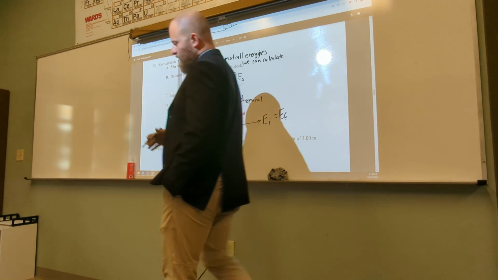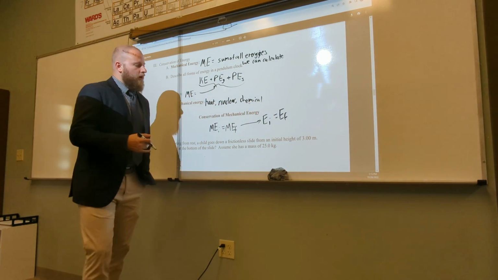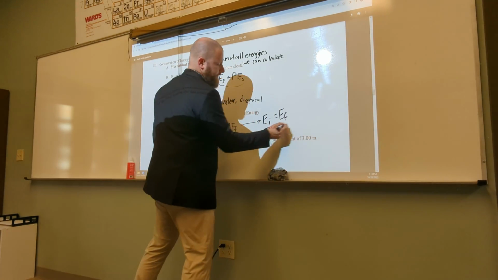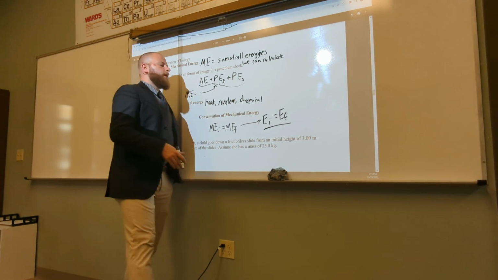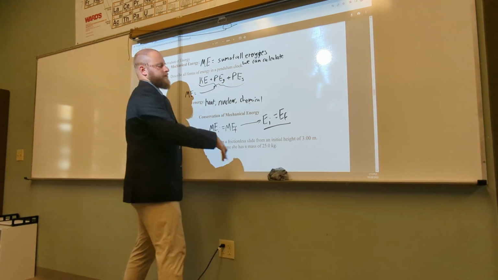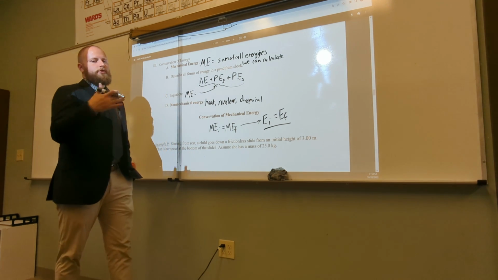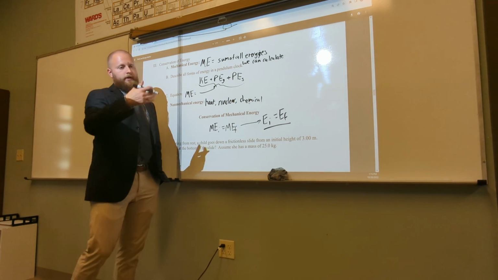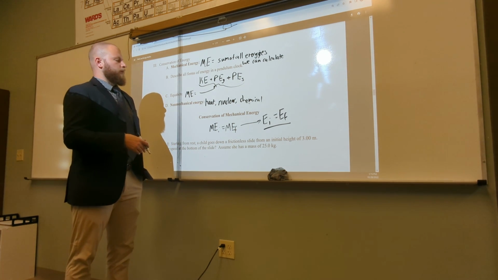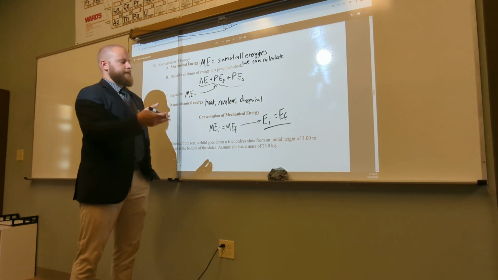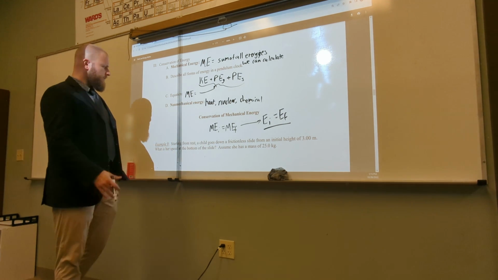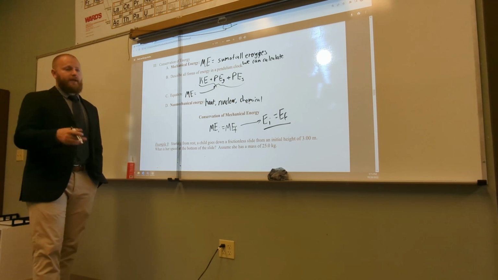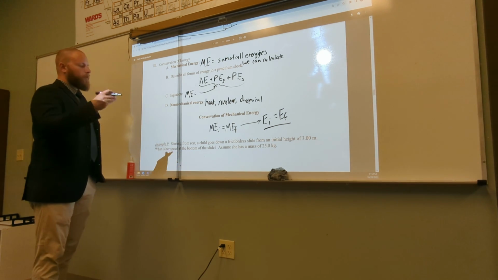And for AP, oftentimes just writing this can end up being a point. So it's really important that if you're doing an energy conservation question, you're really starting with that. So you're showing me or another person who's grading your work that you know that this is a conservation of energy question.